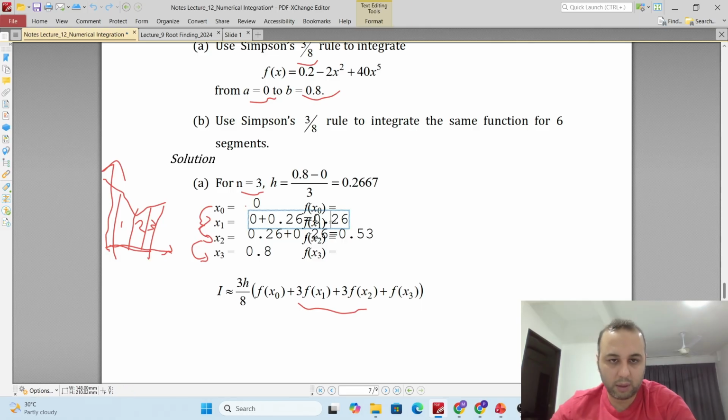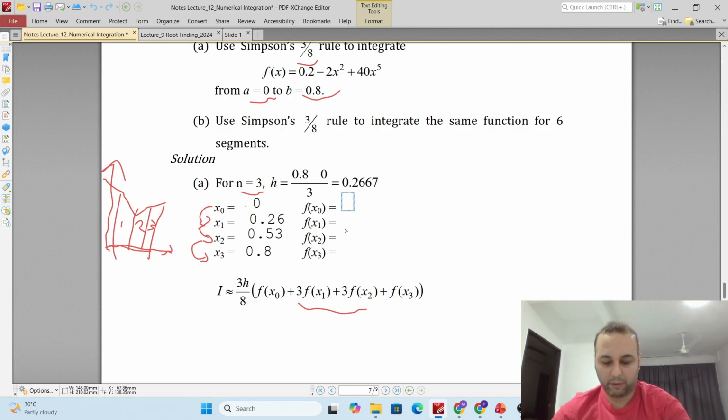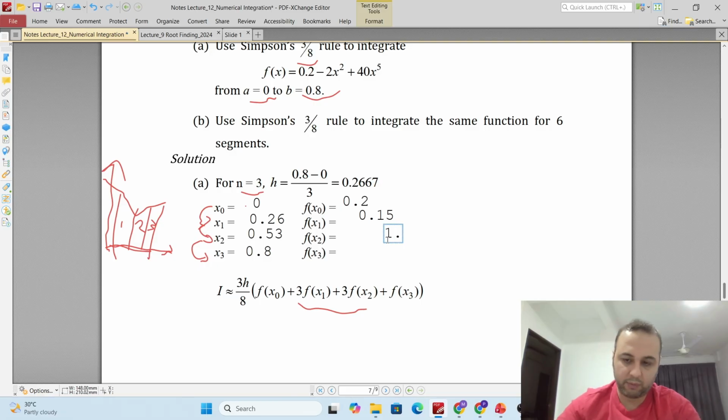I delete this because I don't have enough place. Okay. So each should be substituted in the function. After substitution, we will have 0.2, 0.15, 1.48.